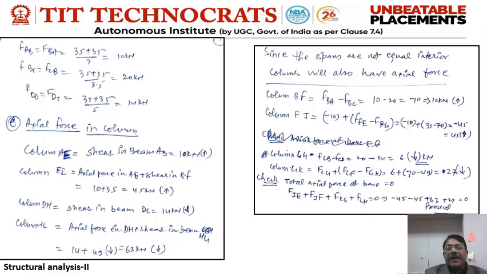Finally, at the base, after computing all the values referring to the diagram which I have shared earlier, one can find the total axial force at the base of the column. So you can notice the total load is equal to the, 0. So thank you. Hope you have enjoyed listening.